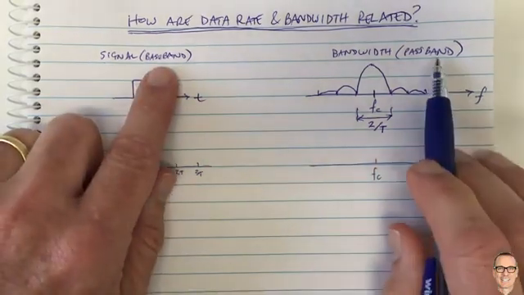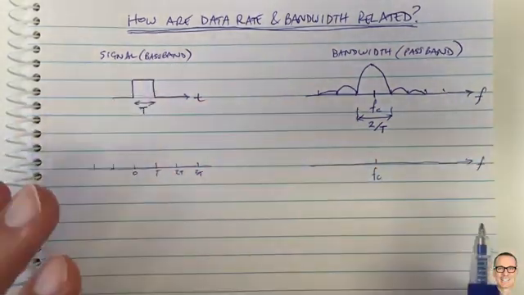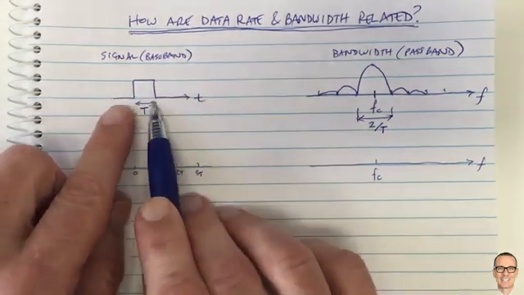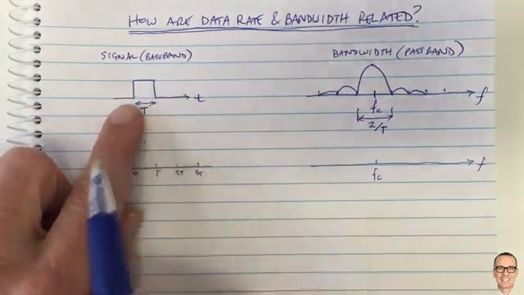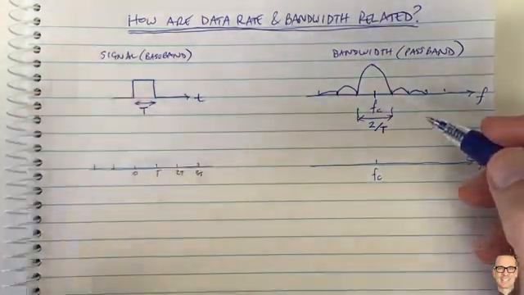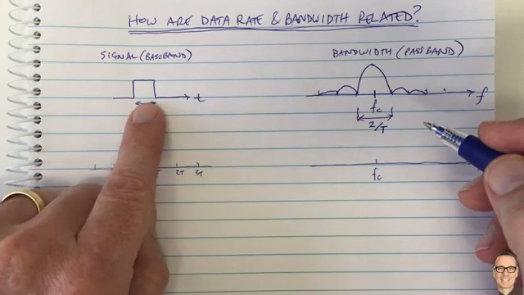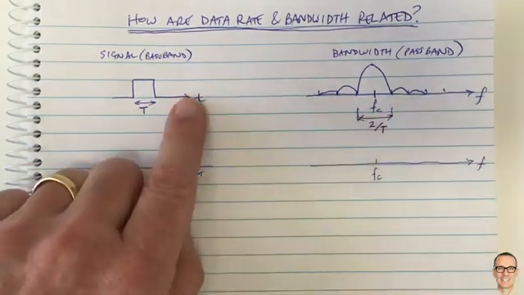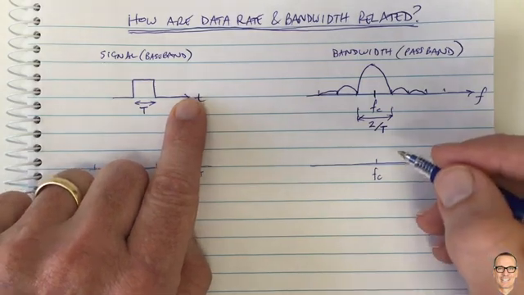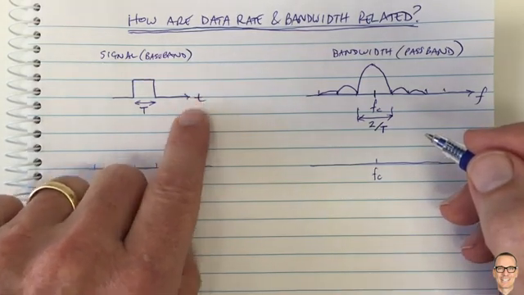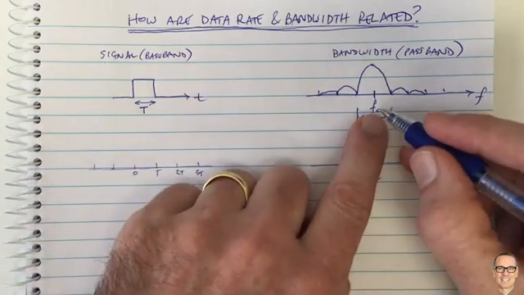What do I mean by baseband and passband? We won't go into all the details, but the baseband is this signal. We're turning just something on and off. If we're thinking of mobile communications, for example, then we need to translate that signal up to the carrier frequency. This is done, for example, with amplitude modulation or with binary phase shift keying by multiplying by a carrier at that carrier frequency.